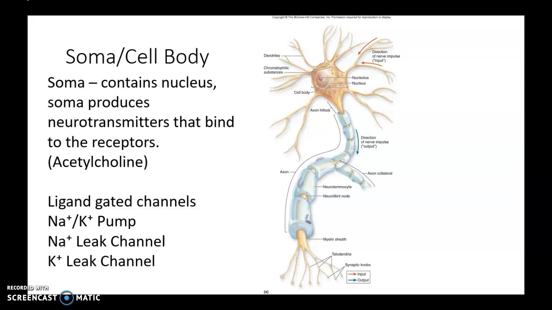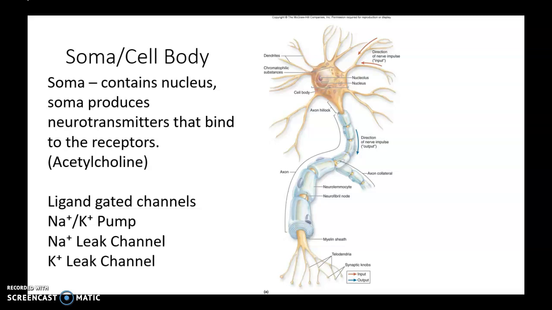Within the soma or the cell body, the neurotransmitters are produced, and the neurotransmitters then travel all the way down the axon and they remain encapsulated within synaptic vesicles at the axon terminal. And the neurotransmitter that actually binds to the receptors on the cell body is acetylcholine.